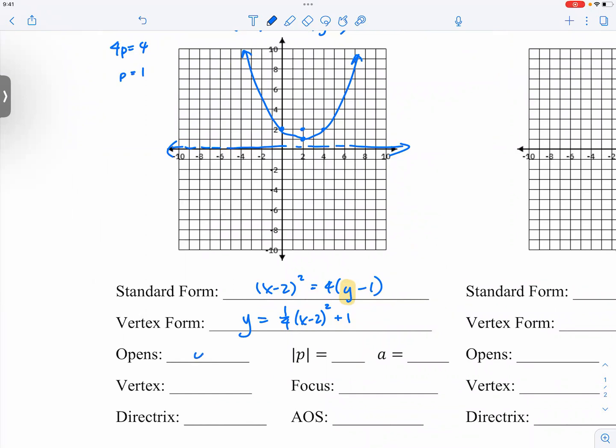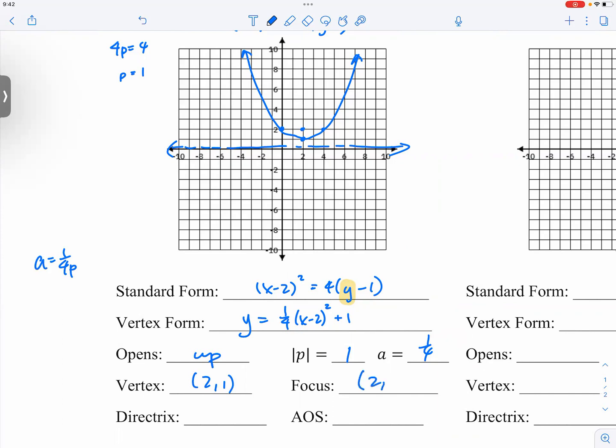So it opens up. The absolute p-value is 1. The a value is right here, by the way. Now, we don't really use it a lot here, but you will use it a lot more in the next course in pre-calc. So a is practically 1/4p, okay? So when p is 1, a is equal to 1/4. The vertex is 2, 1 from the graph.